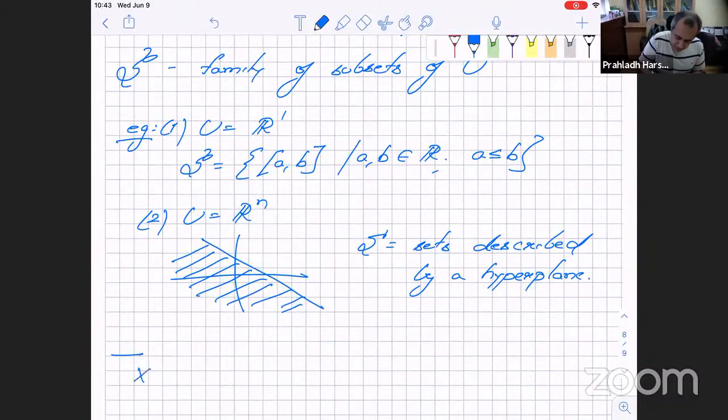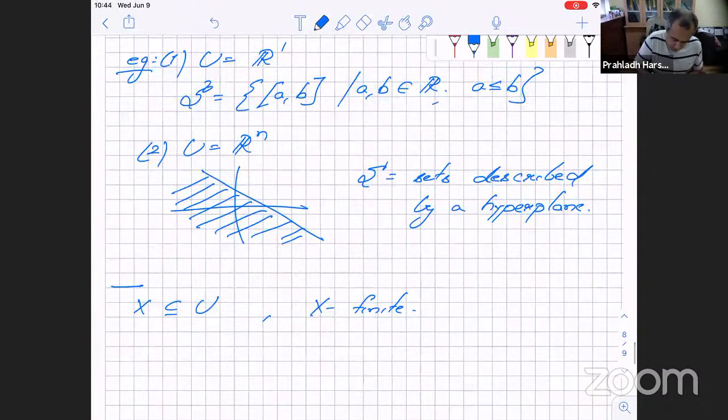And now let X be any subset of U. It's not necessarily a family of subsets. It's some subset of U, but X is finite. And let's look at this class X intersection S as I range over all S in the set system.